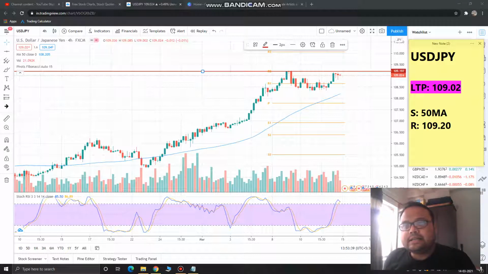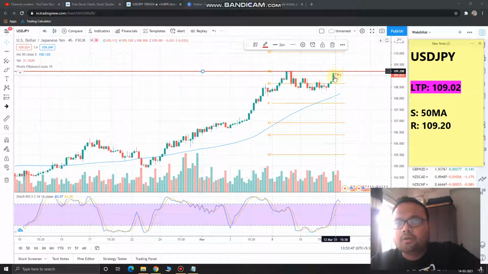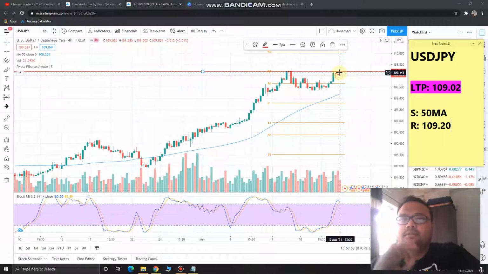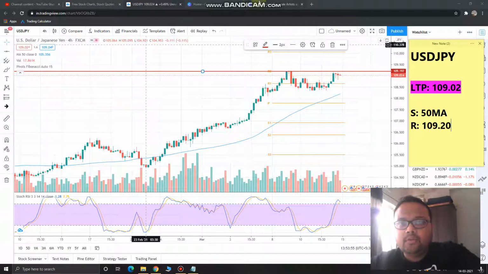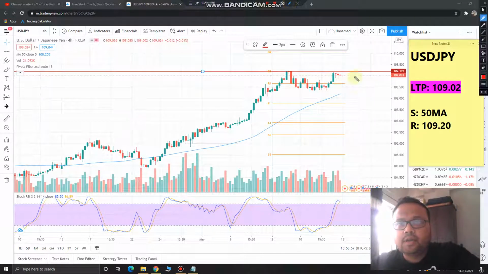This is the resistance as of now. Though the market is in an uptrend, this time the market could not cross the resistance. So if you are looking for a safer entry, then what you can do is wait for the market to cross this particular line.